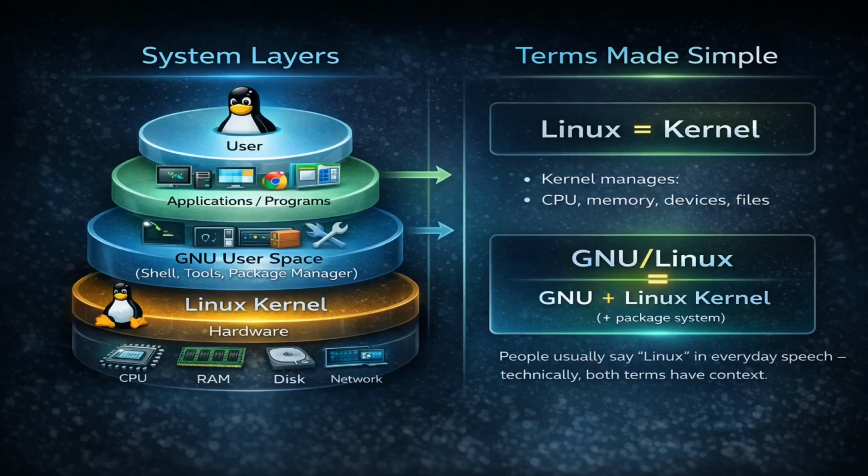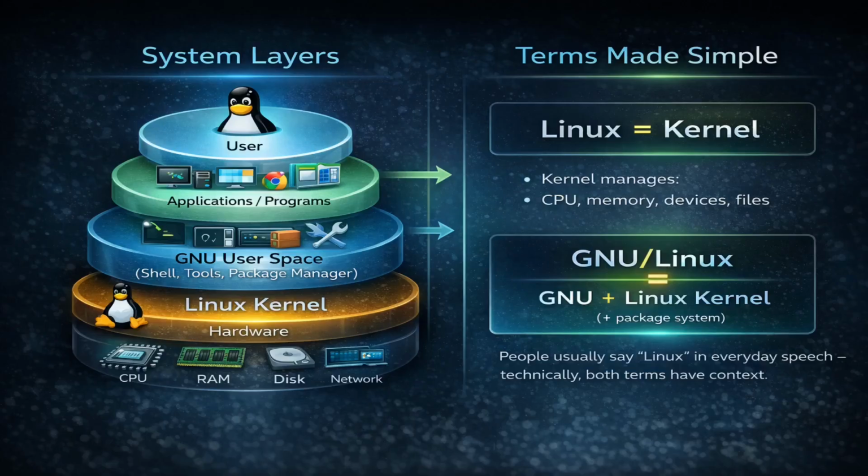Now, let's clear up one common confusion. Technically, Linux is not the full operating system. Linux is the kernel, the core that manages CPU, memory, devices, and files. You may also hear two terms, Linux and GNU/Linux. Here's the simple version. Linux is the kernel. GNU/Linux is the full system users actually work with.